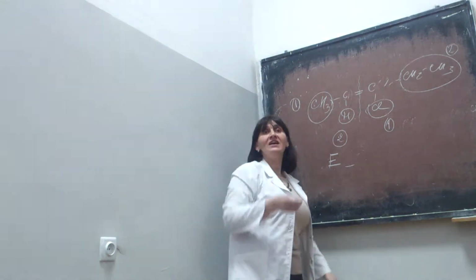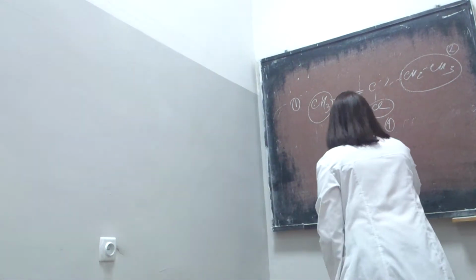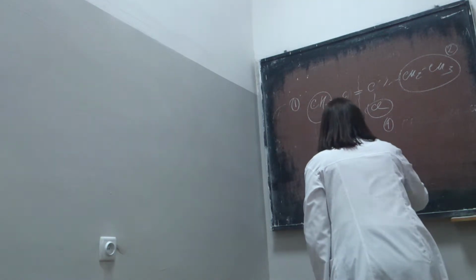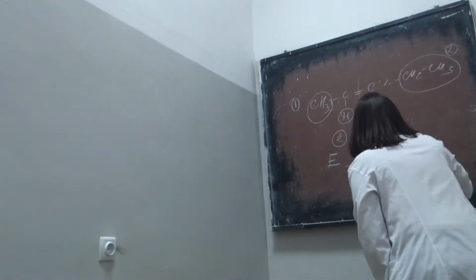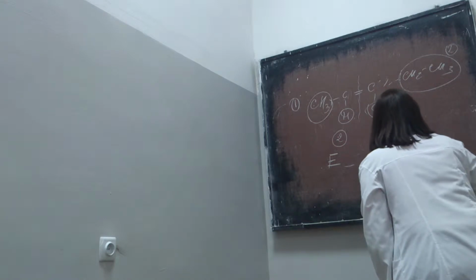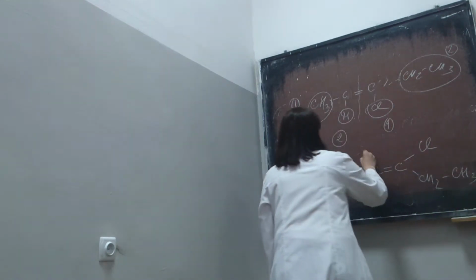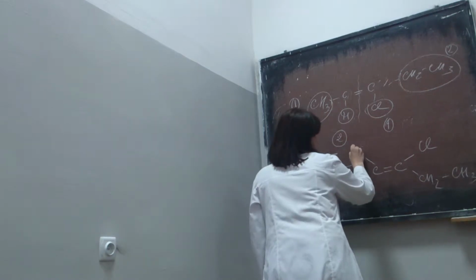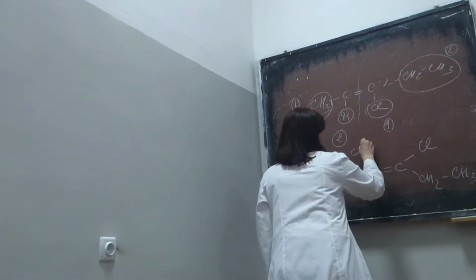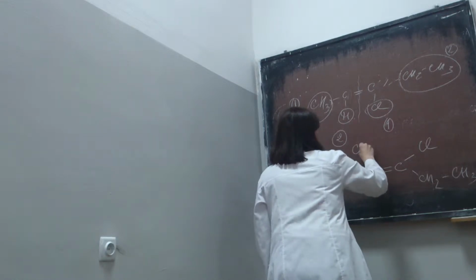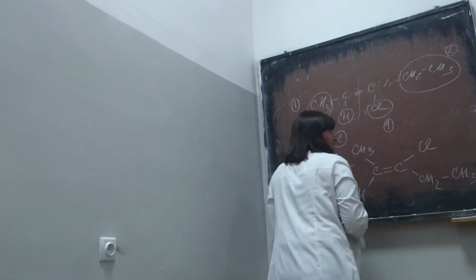Now if you have another version like this, this one is E. Look, C double bond C, Entgegen. CH3, Cl, CH3 and H. Now what about this?